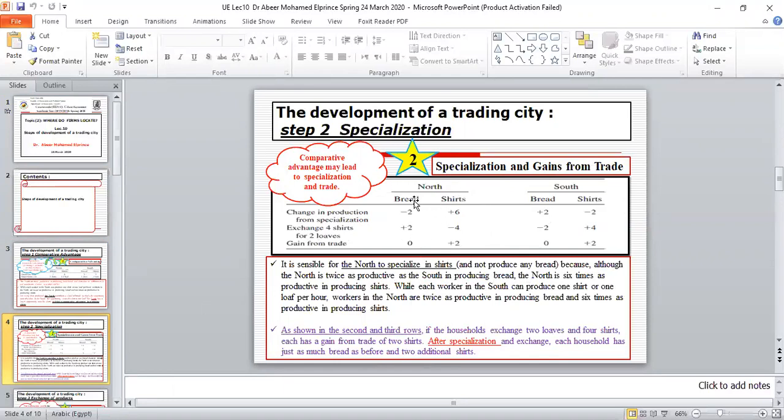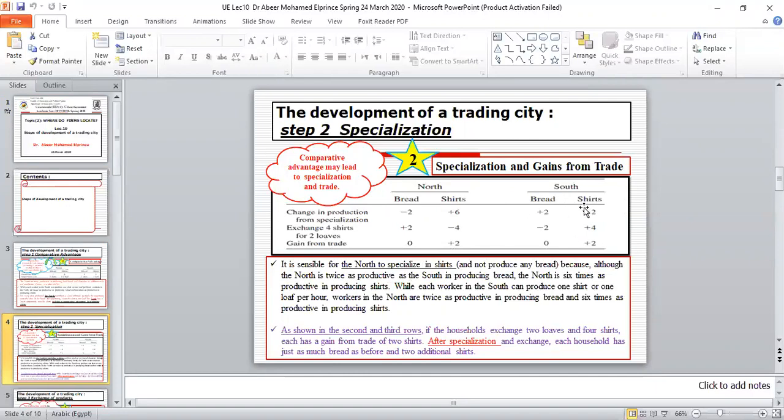When North specializes in producing shirts, it sacrifices 2 bread, but it can produce 6 shirts. And if it exchanges 4 shirts for 2 loaves, done. South will sacrifice 2 shirts, but will produce 2 bread.